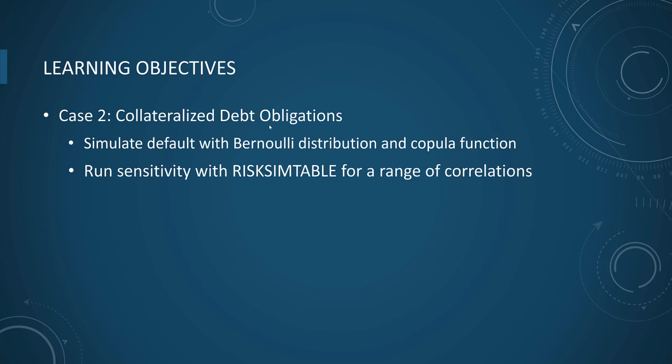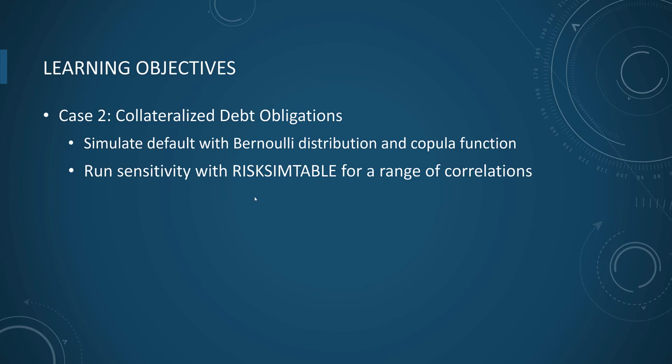Okay, take that back. What is the relationship between the assets inside a CDO? Are they independent of each other? That means there is no correlation. If they are correlated, we're going to be looking at a copula function for that, and then we'll run sensitivity with RISKOptimizer tables using different levels of correlation.